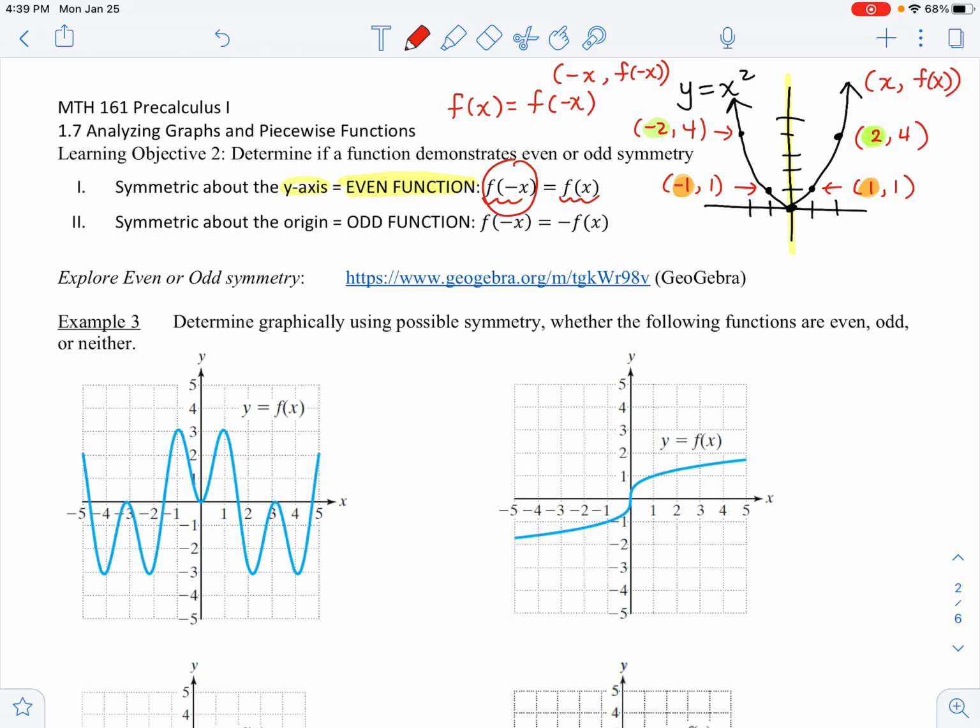That's what they are saying, okay? Looking at this example makes it easy. Plugging in positive 1 and negative 1, you get the same y value. Plugging in negative 2 and positive 2, you get the same y value. So if you plug in negative x, you get the same y value. If that happens, the graph will be symmetric about the y-axis, and we call those even functions, okay?